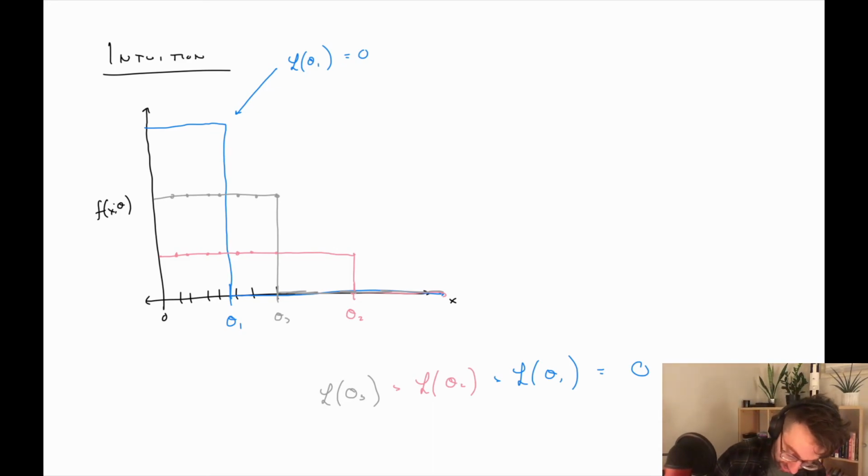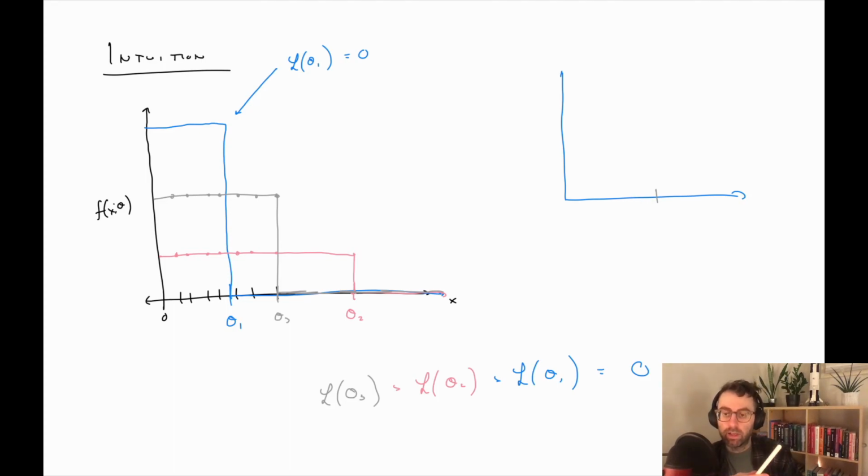So I guess I should probably draw one quick picture. So now that is the data view, I guess I would call it. Now let's plot the actual likelihood, right? So this axis is now theta, and this axis is L of theta. So the likelihood is going to look something like this. It's 0. Oh, and this is the point x sub n.